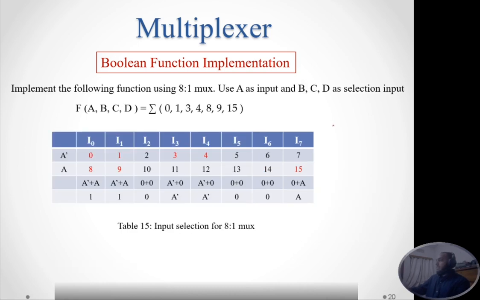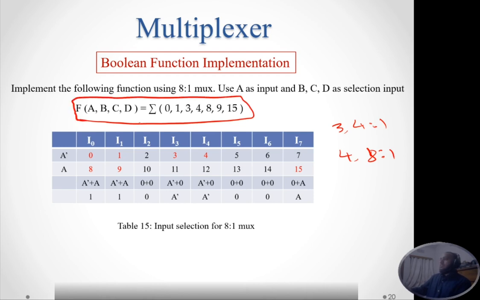Previously we have seen we can implement 3 input function using 4:1 mux, so we can implement 4 input function using 8:1 mux. For example, this is our function which is of 4 input. Here I am using B, C and D as my selection inputs and A as my main input. So I need to draw an input selection table for A. I need to find in which positions our A is 0 and in which positions A is 1.